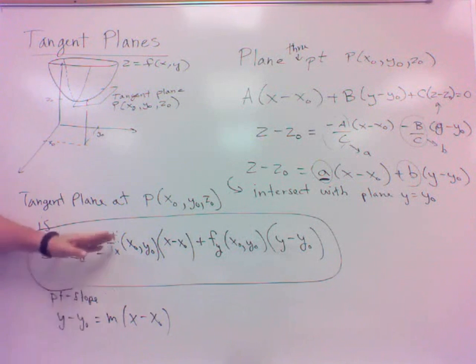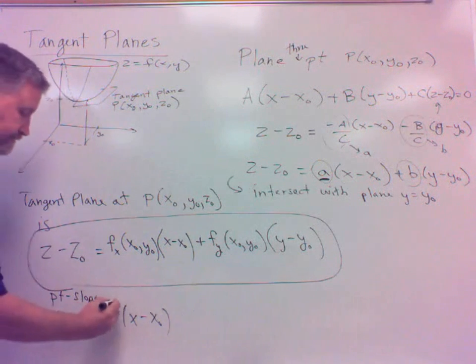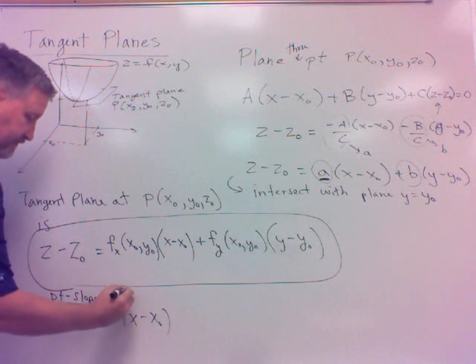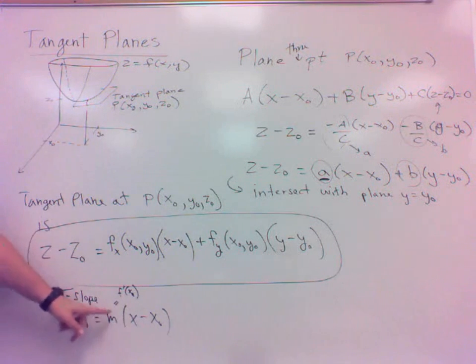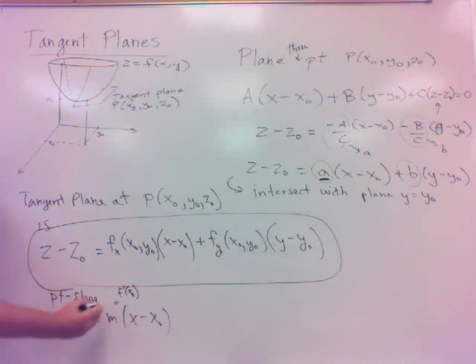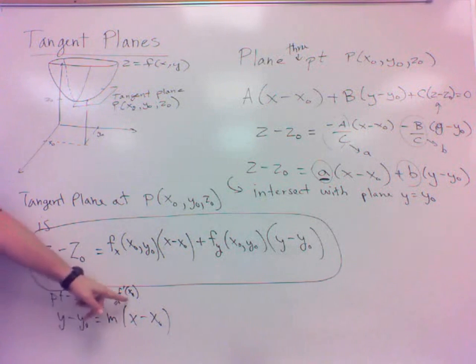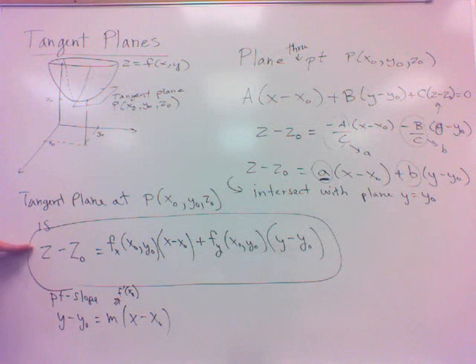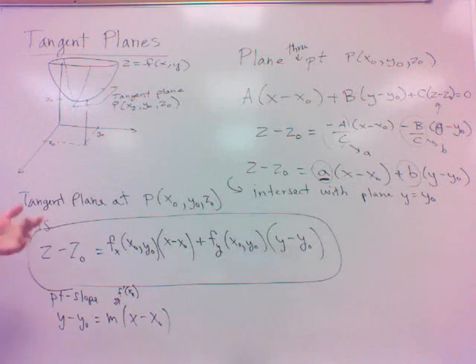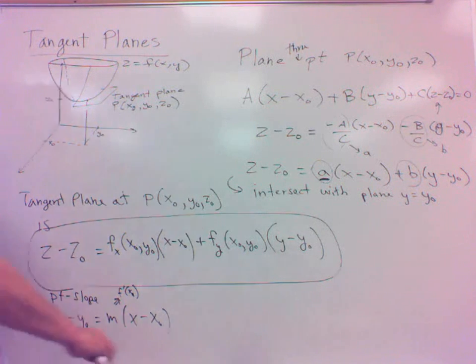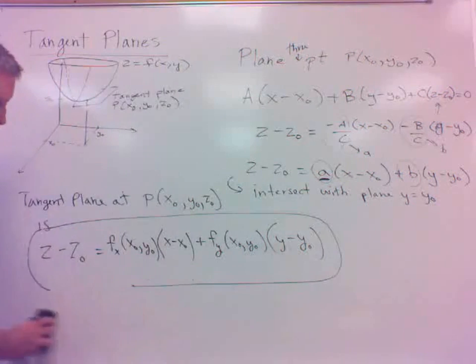And so that's very, very analogous, yes. If we're talking tangent lines, then this right here is the derivative at x0. And so we've just kind of leaped to 3 dimensions. So it's z minus z0 instead of y minus y0, and then you've got 2 partial derivatives instead of 1 derivative. So very much the same. Okay.